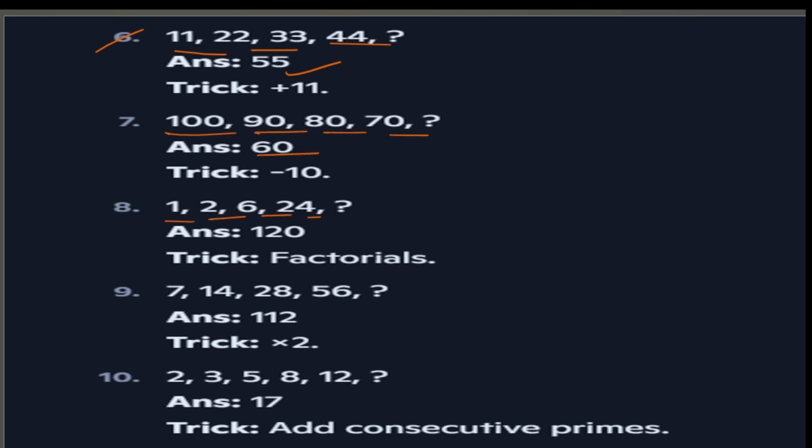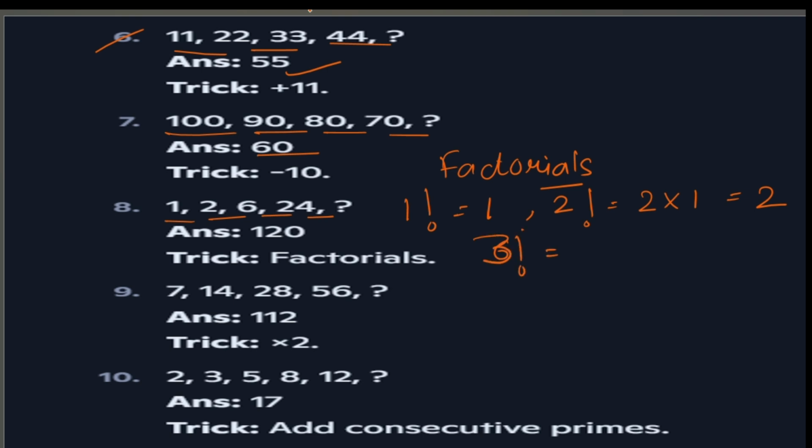1, 2, 6, 24. So here factorials are there. Factorial is from the binomial theorem that we have learned in plus 1 maths, 11th class maths. So 1 factorial is equal to 1. 2 factorial is 2 multiplied by 1. Basically we have to multiply the preceding numbers in factorial, for those who are not aware of the factorial rule. Then 3 factorial is 3 multiplied by 2 multiplied by 1, that is 6.